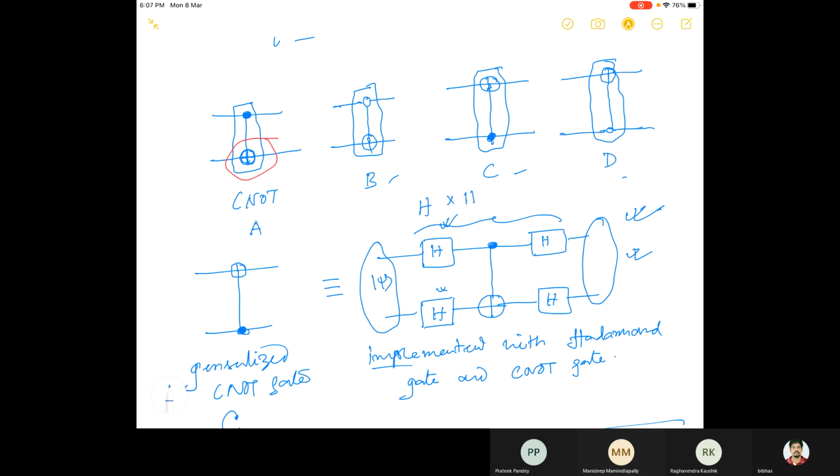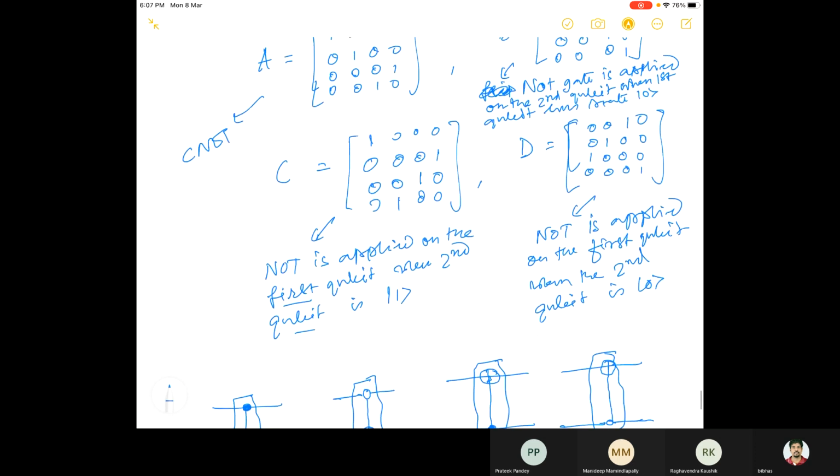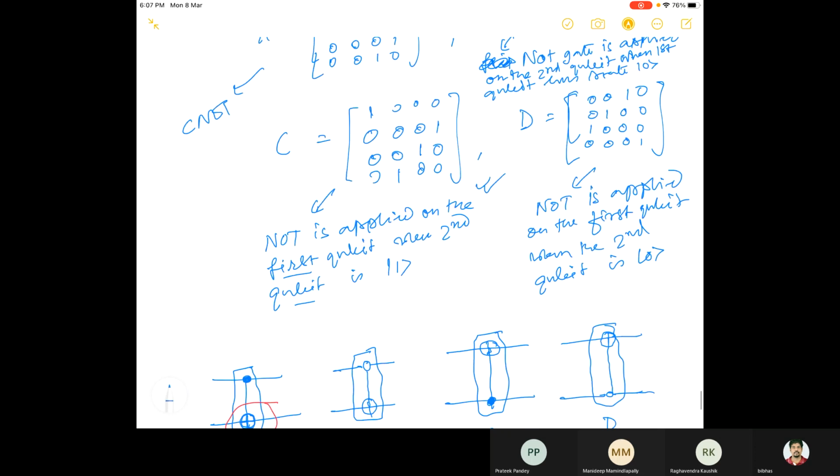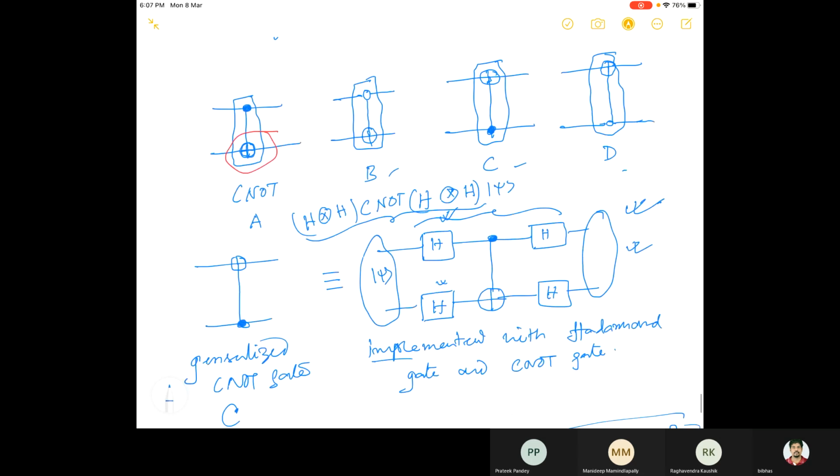Then you can write H tensor U, this first acts on psi, because H is acting on the individual qubit. Then there is a CNOT gate acting, and then again H times H. So essentially this entire matrix is nothing but the C matrix, which is here, so this matrix will be equal to this one.